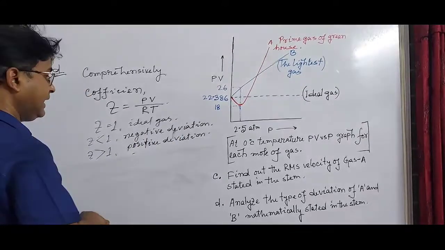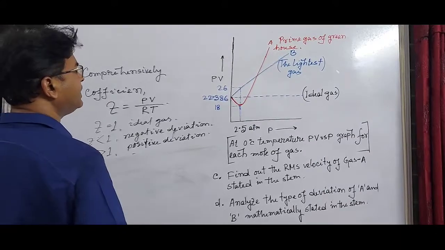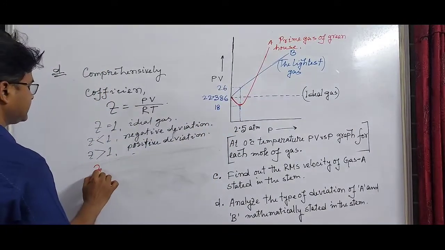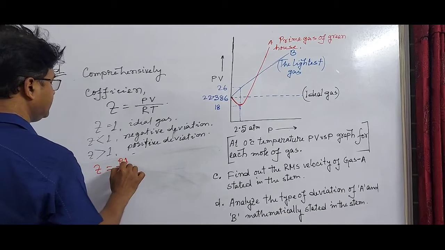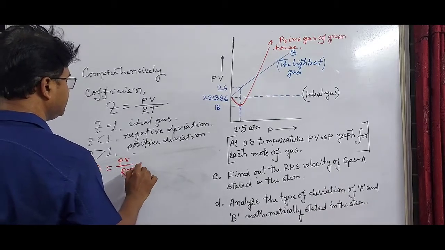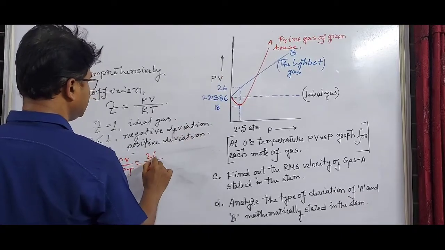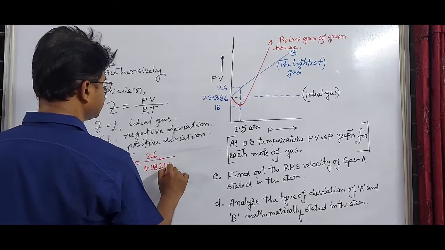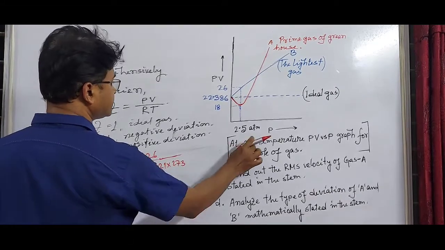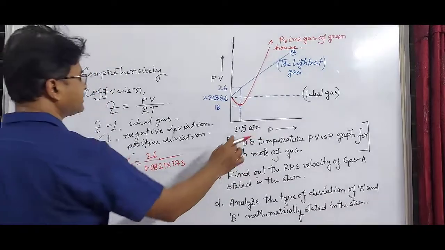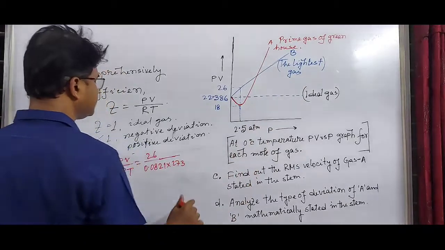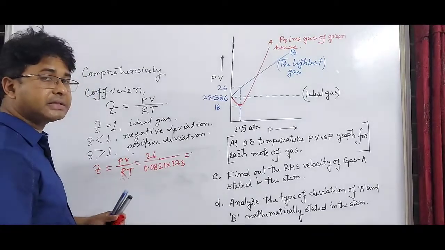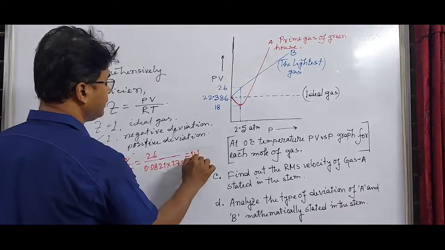Dear students, again if I observe the deviation of gas B, I mean hydrogen gas, I can write Z is equal to PV by RT. Here PV is equal to 26 and R is equal to 0.0821 and temperature is 273 Kelvin. It is stated that the value of P is given in atmosphere unit. That's why I have to use the value of R in atmosphere unit, and the result is 1.16.